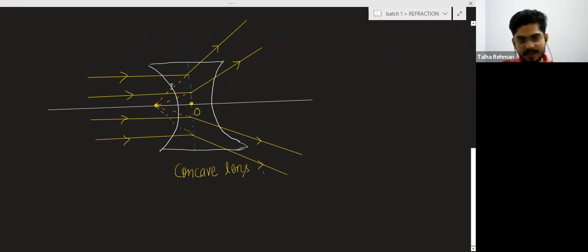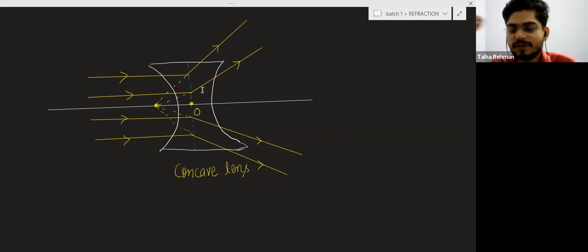These are the parallel rays, and here the refraction takes place. Why does refraction take place? Because initially these light rays were in a medium which is air, and here is a different medium, the medium of the lens. So when the medium changes, refraction or the bending of the light takes place.